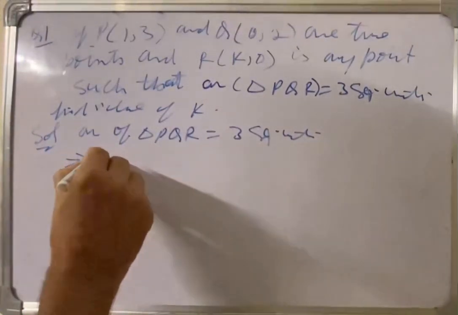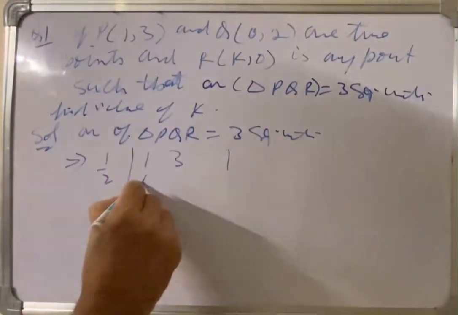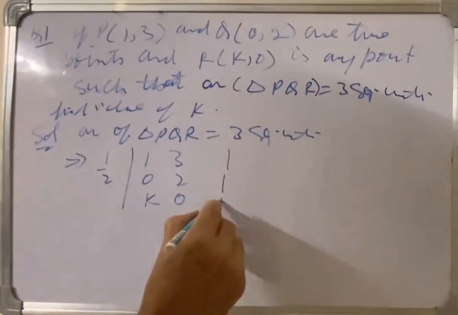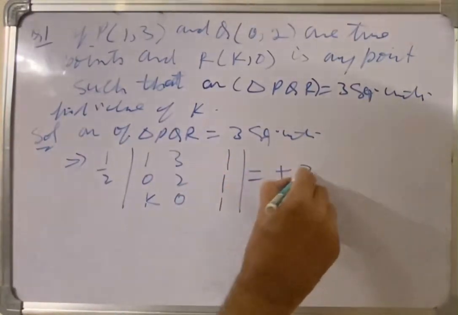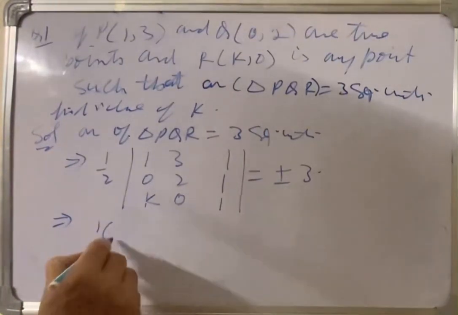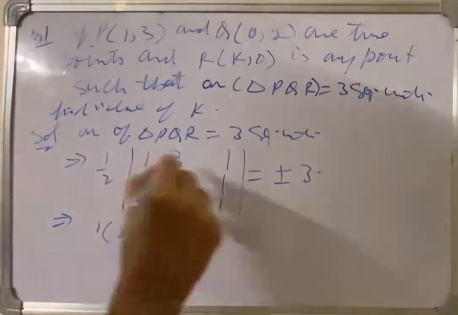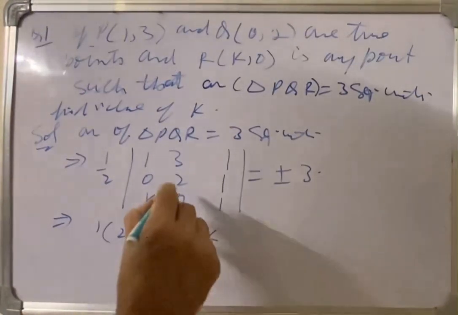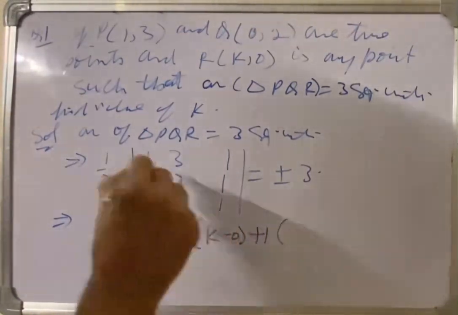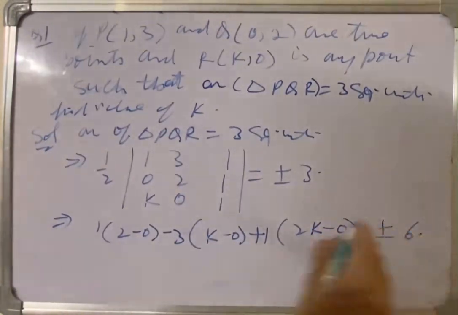Therefore, half determinant of 1 3 1, 0 2 1, K 0 1 is equal to plus minus 3, which implies 1 into (2 minus 0) minus 3 into (K minus 0) plus 1 into (2K minus 0) is equal to plus minus 6.